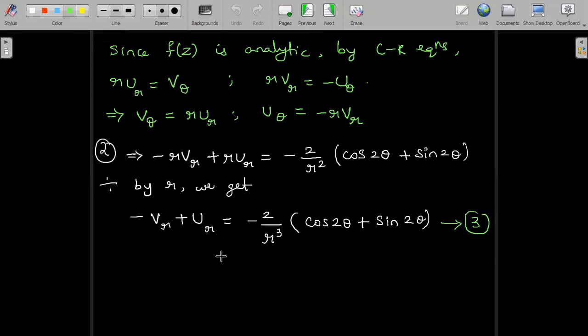So one time let us add equations 1 and 3 and the second time let us subtract equations 1 and 3. So like the previous problem, I'll rewrite equation 1 once again just below this for convenience. So rewriting equation 1.